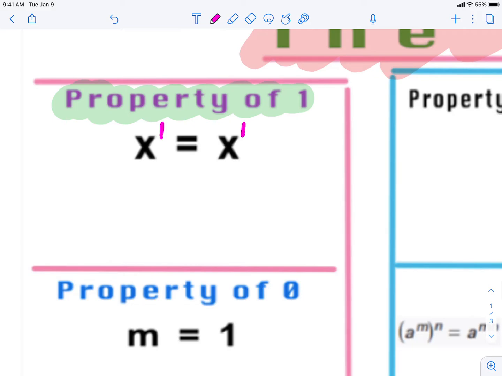So that means that anything to the power of 1 is that same number. Anything to the power of 1 is that same anything.